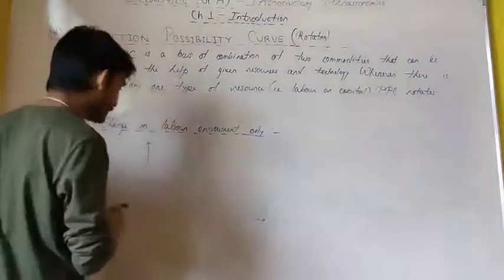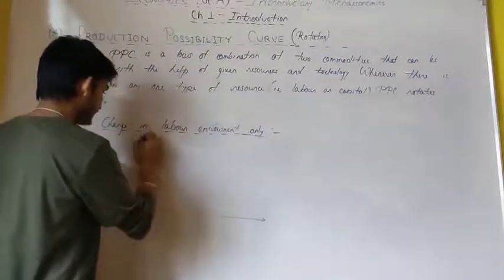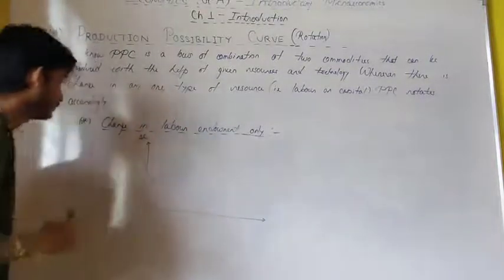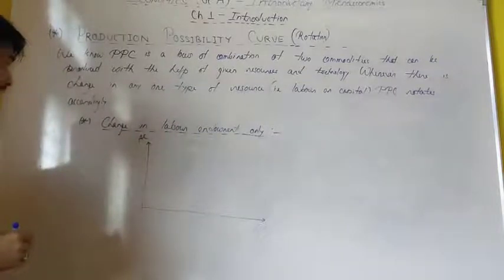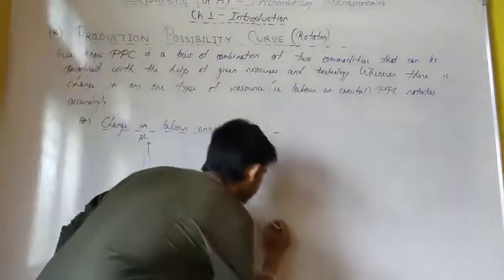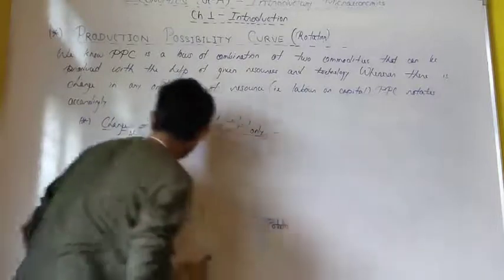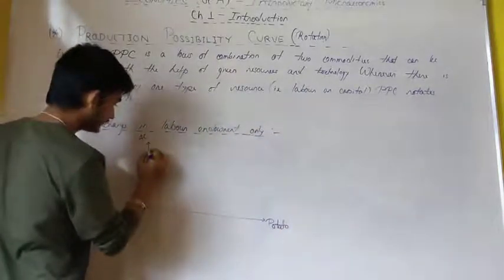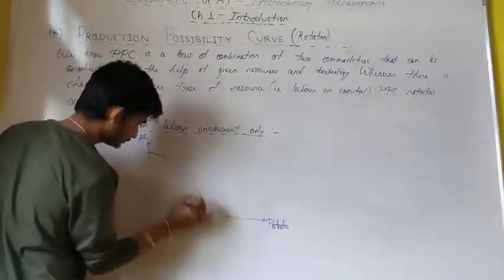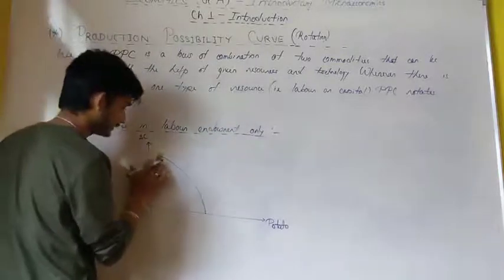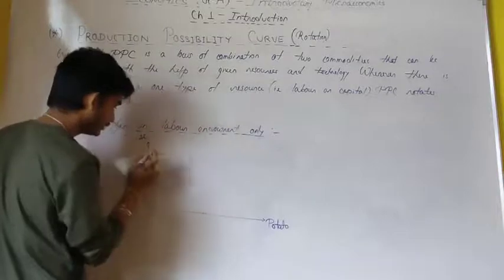First draw two axes, and like previous examples I am taking AC and potato. Here I have drawn our PPC. Okay, let me draw it in a much clearer way.